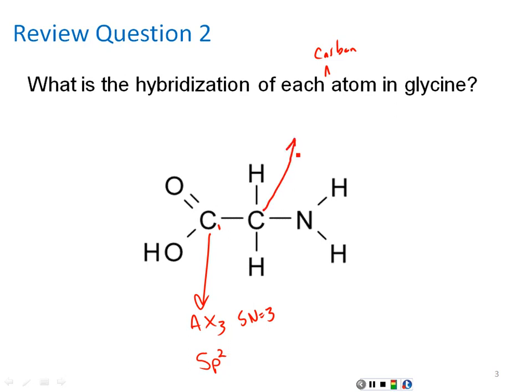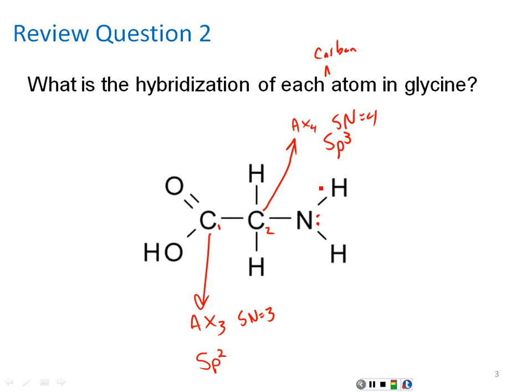Now for the second carbon, it's AX4, steric number is 4, so it's going to be sp3 hybridized. We have 1 from the s, 3 from the p's, 4 total hybrid orbitals. Now, to be complete, let's look at the oxygens and the nitrogen.